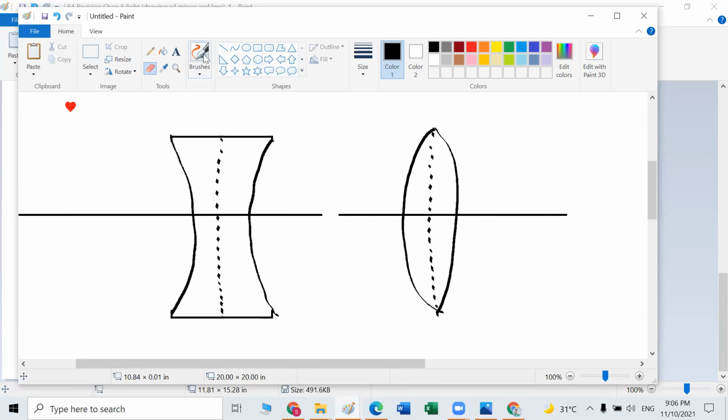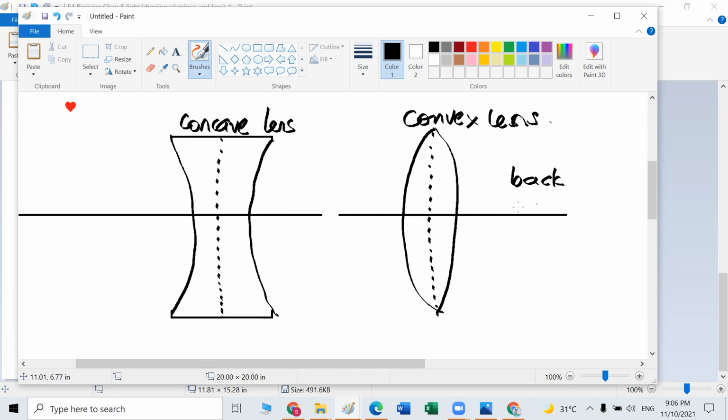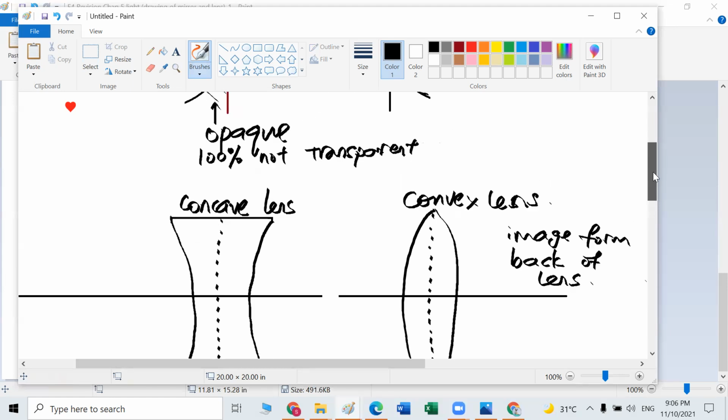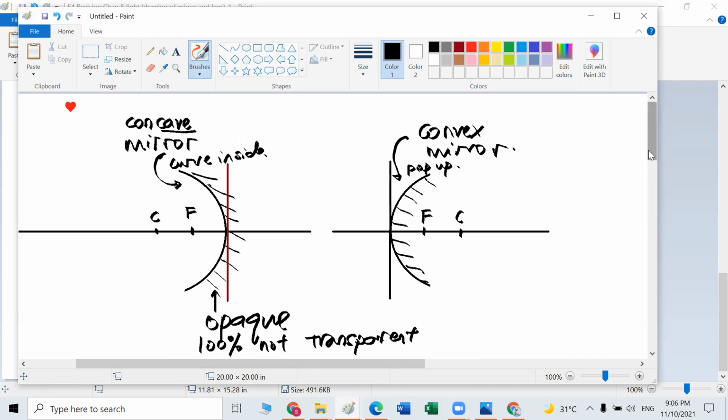Okay, if there are lens, means what? Means the light must pass through. This is transparent, this is concave lens. This is convex lens. The light must pass through. Means the image should form at the back. Image form at the back of lens. But this one, this is opaque.